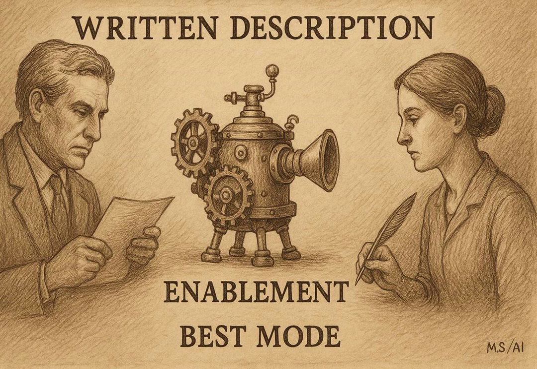Let's say you invented a new kind of catalyst for a chemical reaction, and in your description you just say an improved catalyst for reaction X. That describes a function, a desired outcome, but it doesn't tell us what the catalyst is, its structure, its composition. Without that, you haven't really shown you possessed that specific catalyst when you filed.